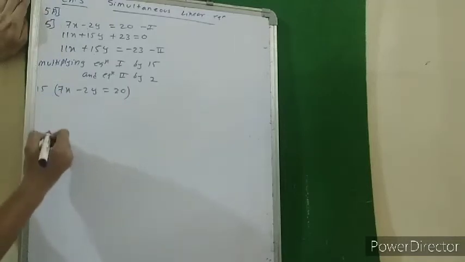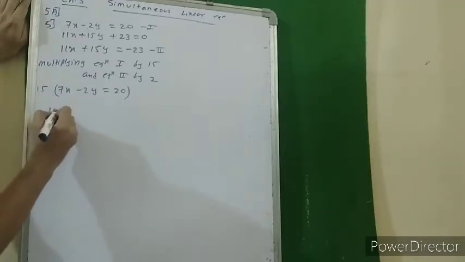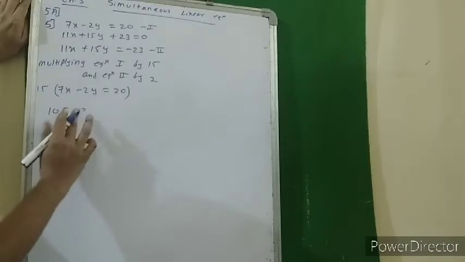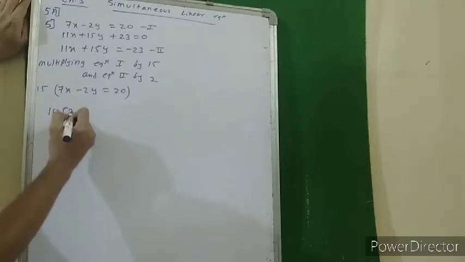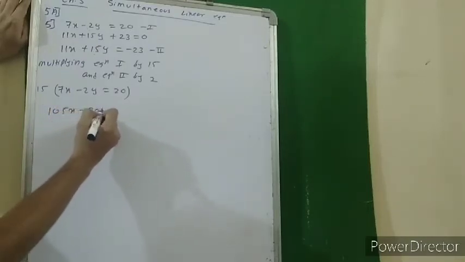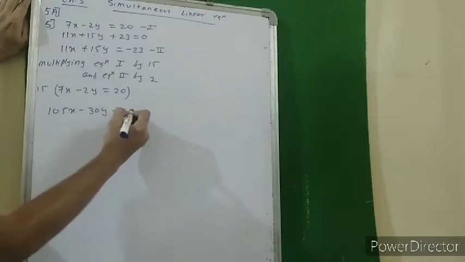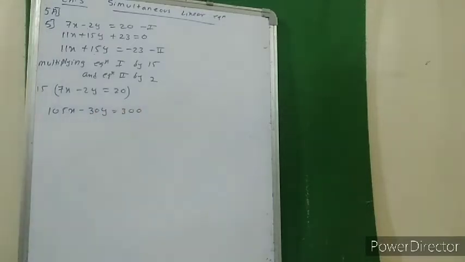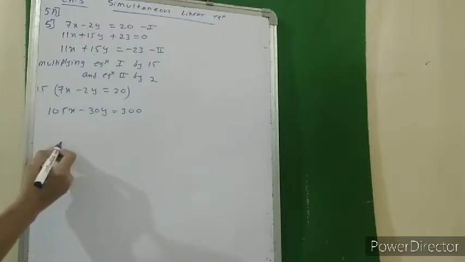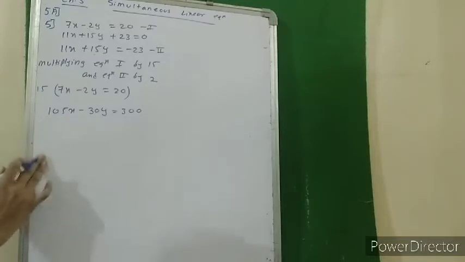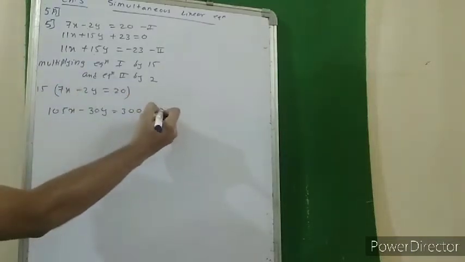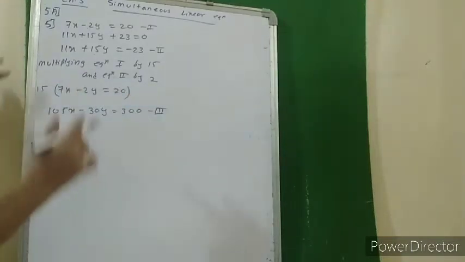So 15 7s is 105x. 15 2s is 30, and 15 20s is 300. Okay, 15 7s, I will just check it, 15 7s are 105, yes. So we have the new equation number 3.